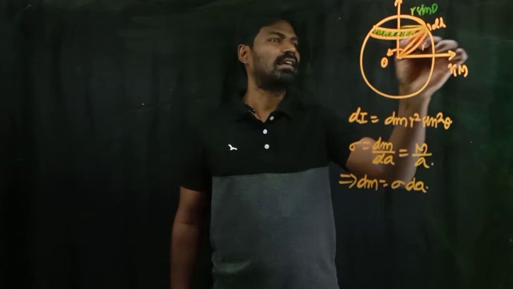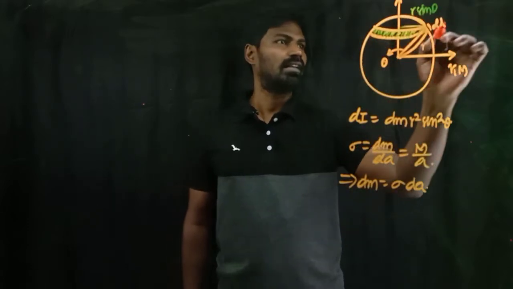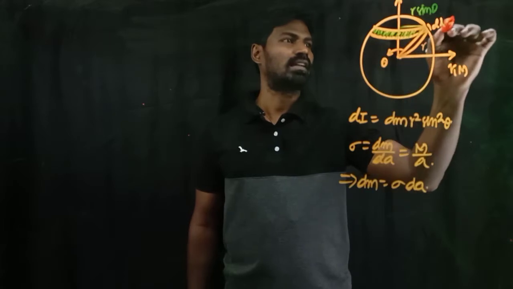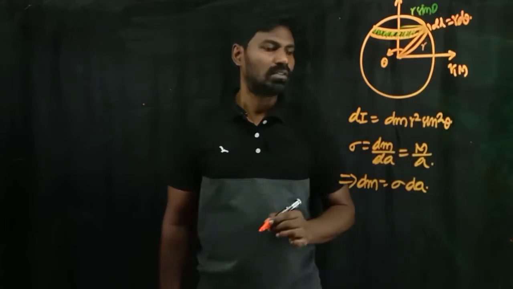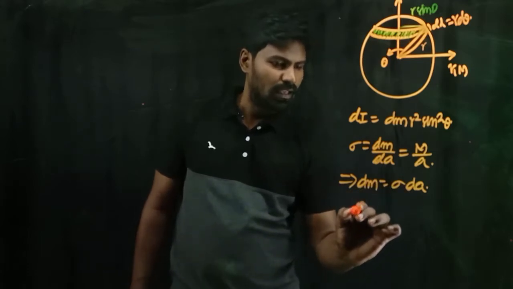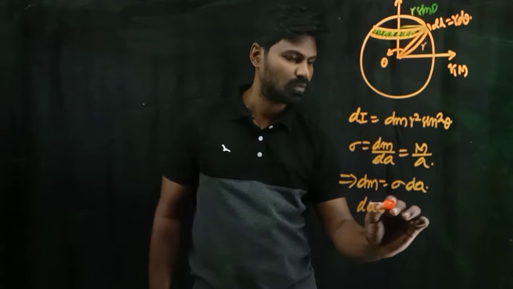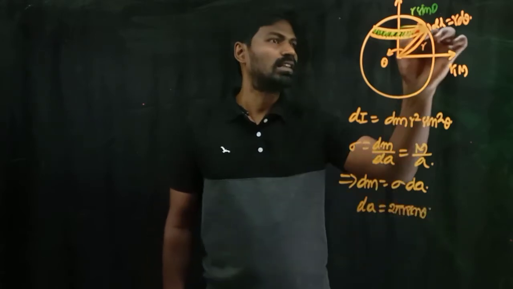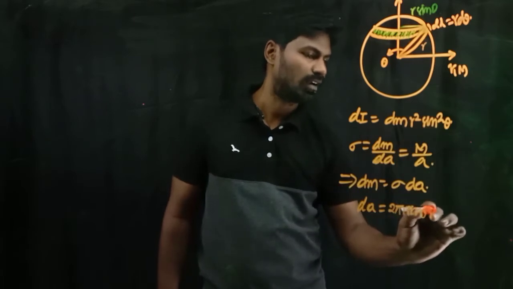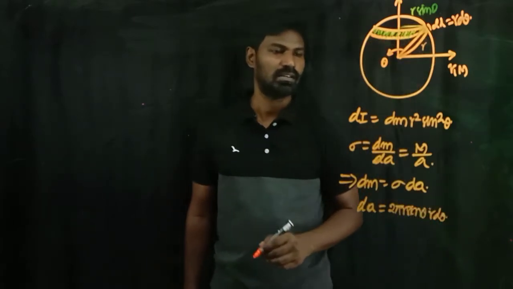This strip looks like a circle of radius r sin theta and thickness dl, where dl in terms of theta we can write as dl is equal to r d theta. Therefore, dA is equal to the perimeter of this circular strip, that is 2 pi r sin theta, into the thickness dl. dl is r d theta. This is the area of the strip that I considered.